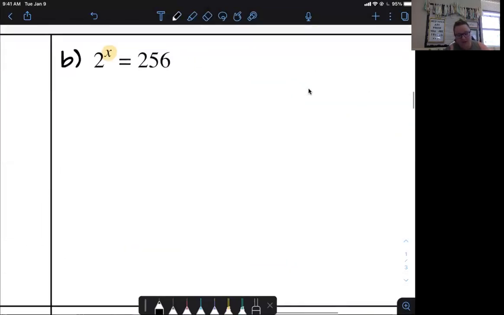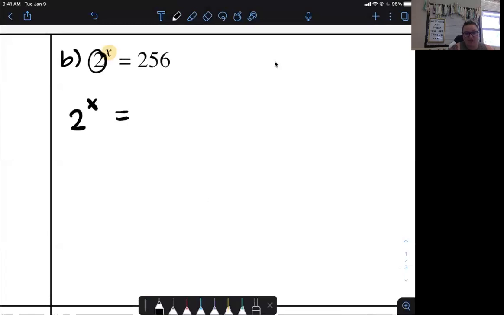All right, what about 2 to the x equals 256? We need to see, can we rewrite 256 as a power with a base of 2? We want the bases to be the same. So 2 to the x is equal to 256. How can I rewrite that as a power of 2?